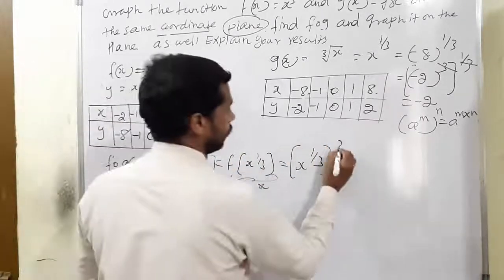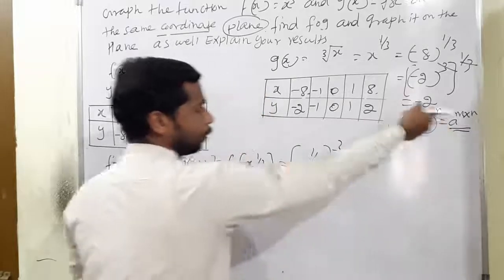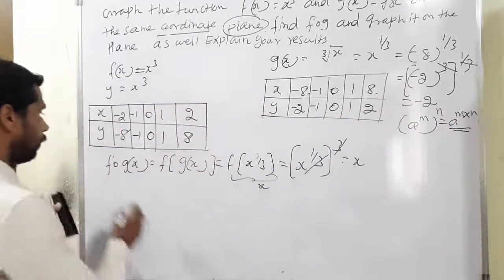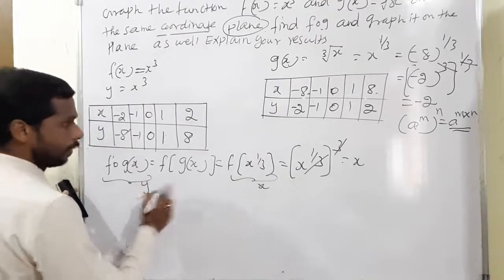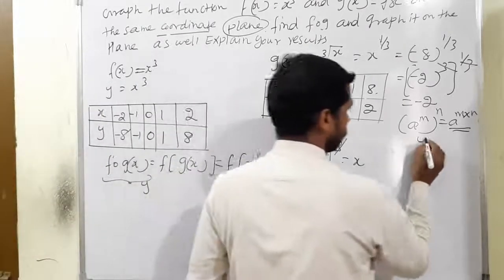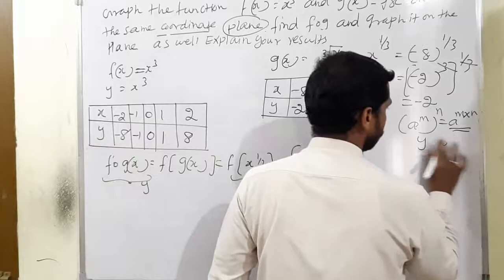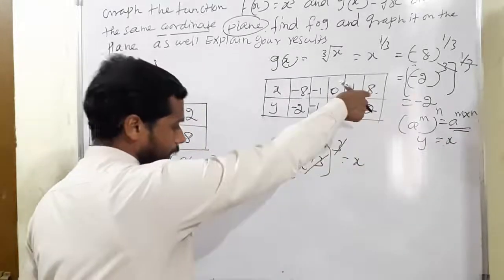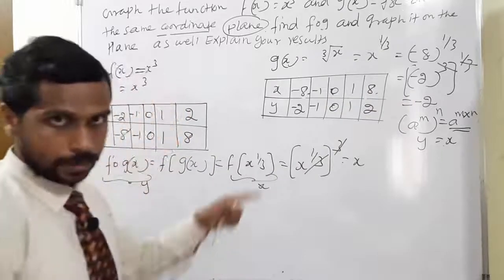Again the same formula, a to the power m into n, so 3 and 3 cancel, and this is x. Therefore y is equal to x. This is a symmetrical line. If you make the graph, we will get a symmetrical line.